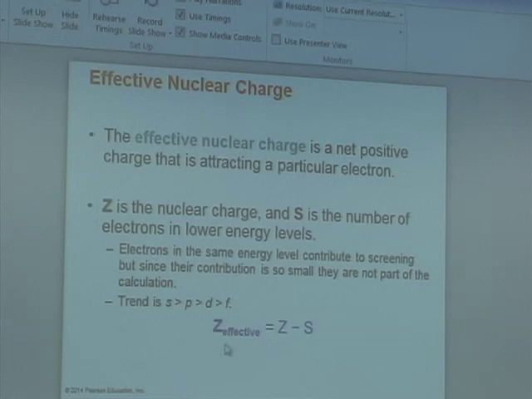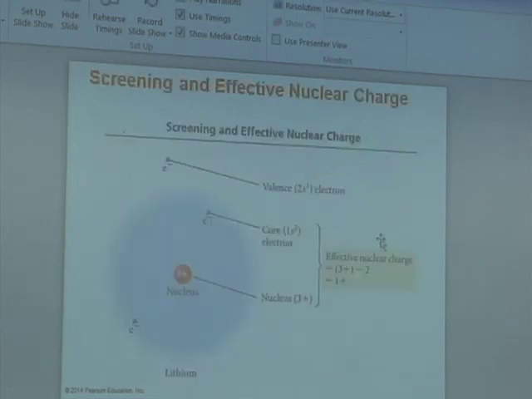And so you come up with an effective nuclear charge, Z effective, where the effective nuclear charge is the nuclear charge minus the number of electrons in the lower energy levels, Z minus S. So for screening and effective nuclear charge, if you have a nucleus that has a 3+ charge with a valence electron of 2s1, then there are 2 core electrons, so 3+ minus 2, and the effective nuclear charge would be +1.